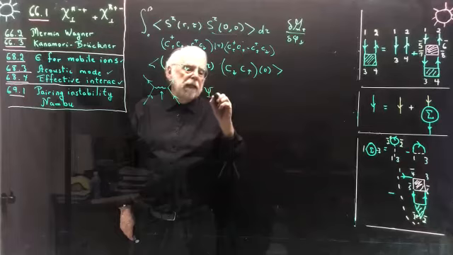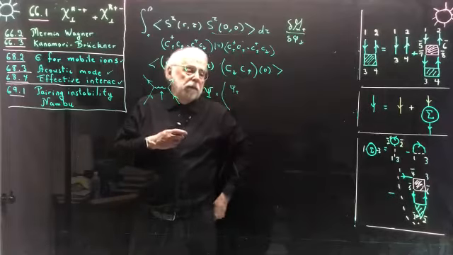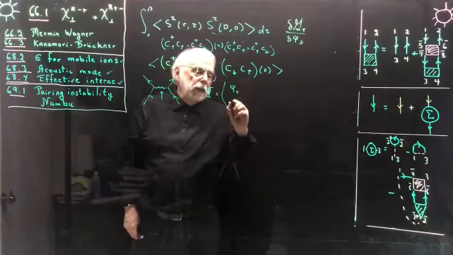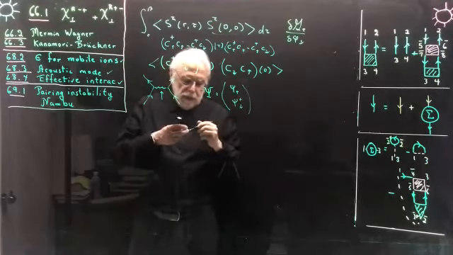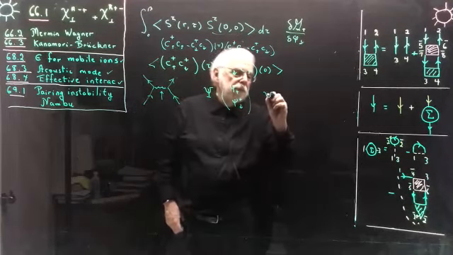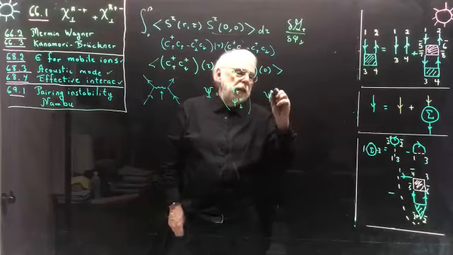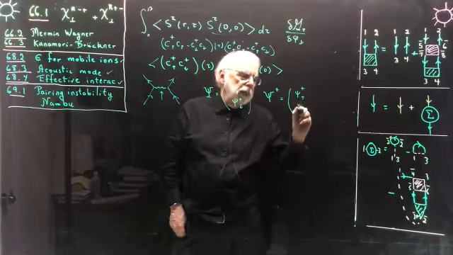Psi is psi up, psi dagger down, a column. And psi dagger is psi dagger up, psi down.